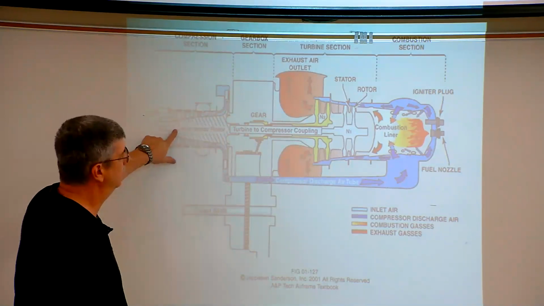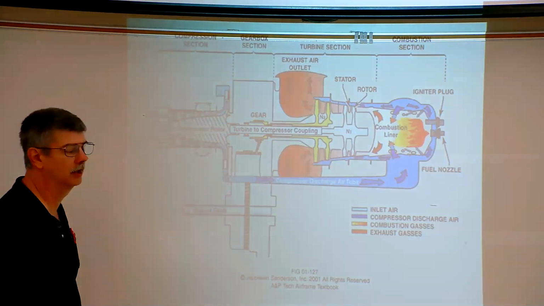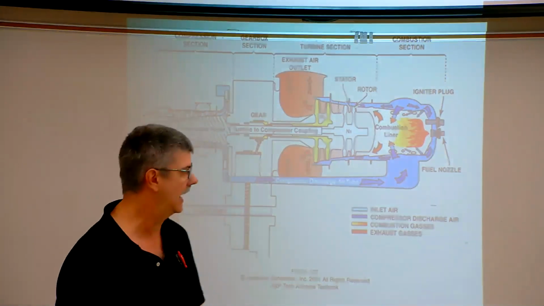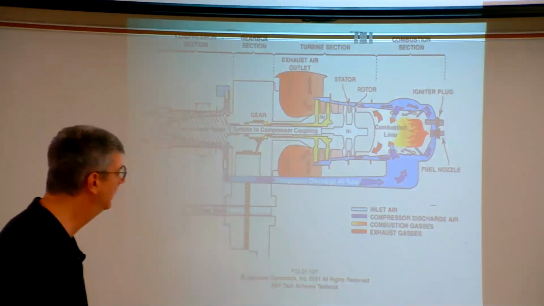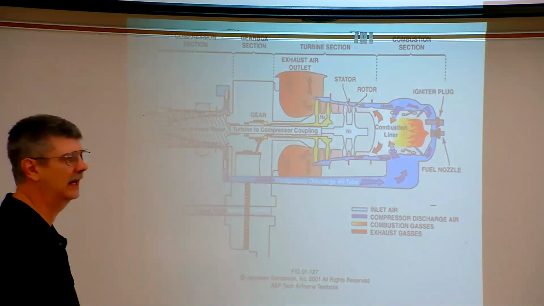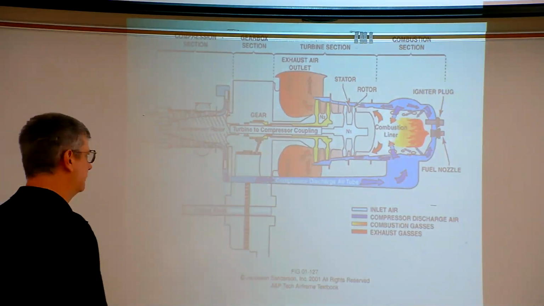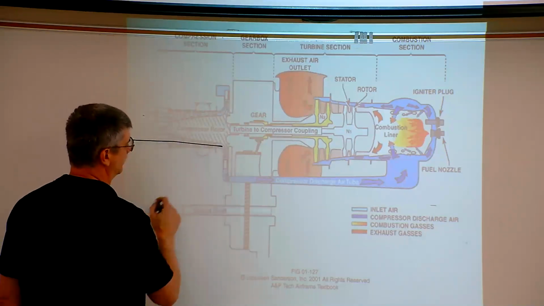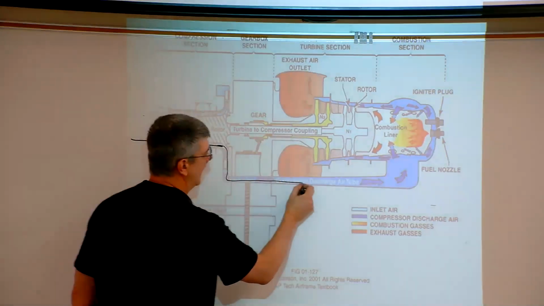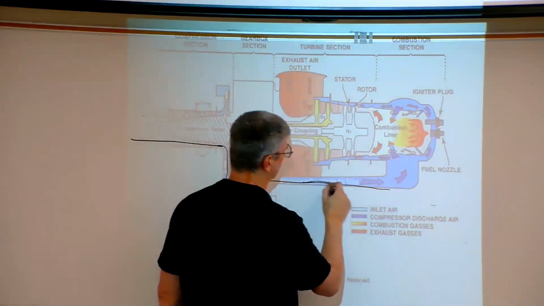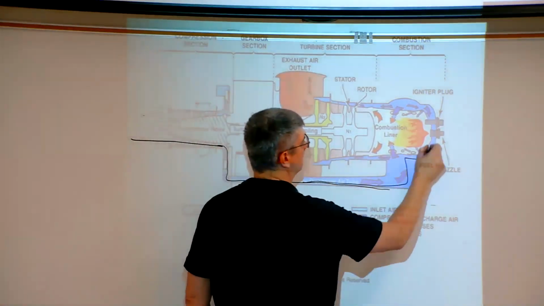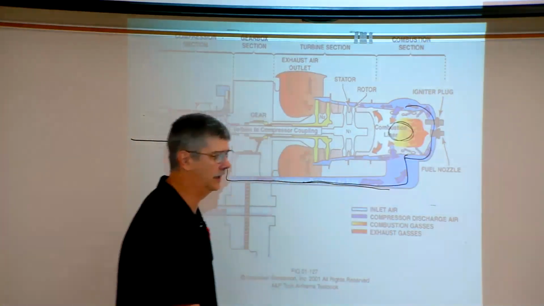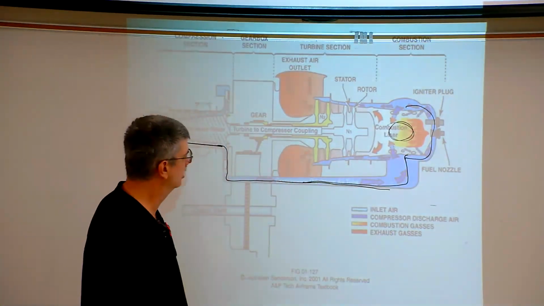So this is an example of a helicopter turbine engine. This happens to be what's known as an Allison 250. A lot of the Bell helicopters, a lot of helicopters use this. Coming in, we have the compressor that compresses the air. The air actually goes through an external pipe to the combustion chamber. This is where the fuel and air is mixed and burned.